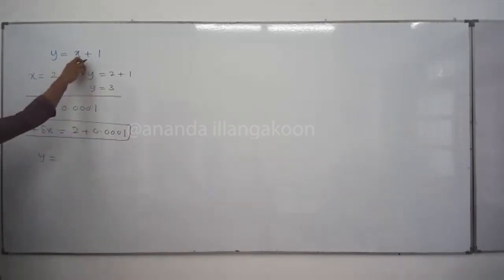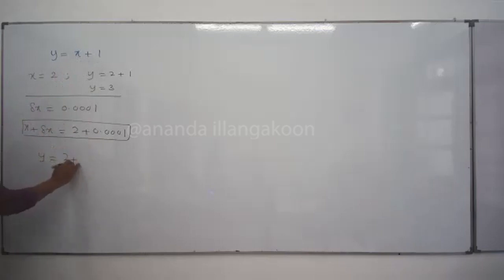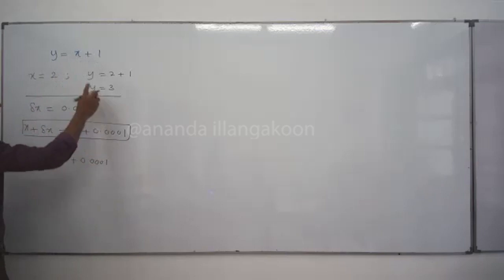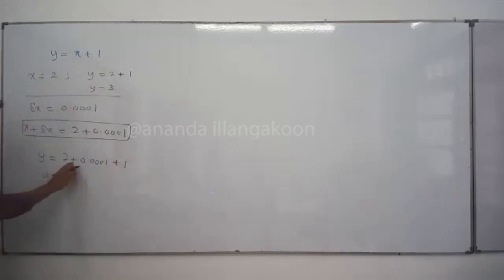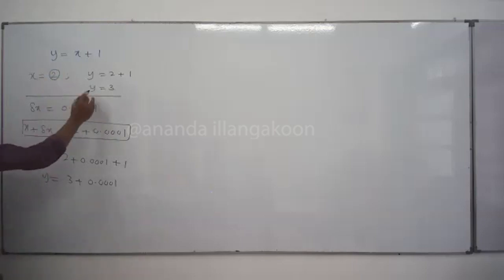Substitute the new x value here. Right, then what do you get? 2 plus 0.0001 is the new x value, plus 1. Then you can see 2 plus 1 is 3, 3 plus 0.0001.